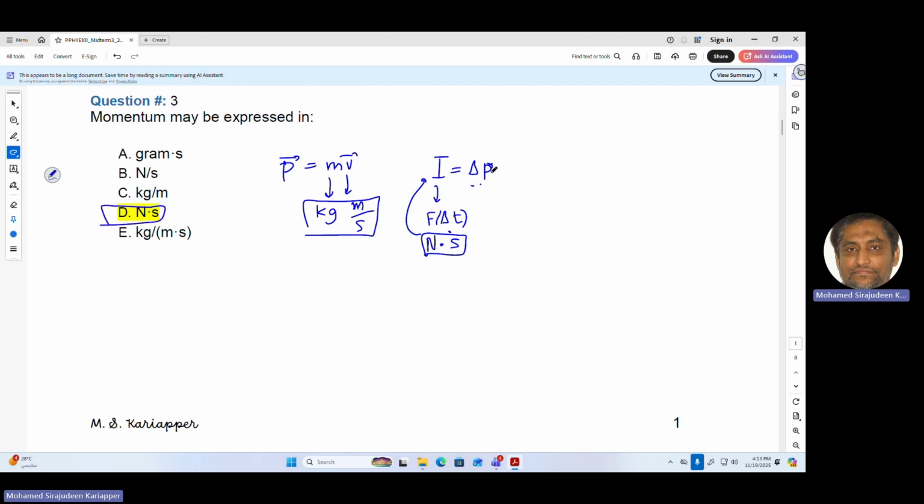Now you must be wondering, we know it is kilogram meter per second, now you are saying Newton second, how come? I can show you they are the same. What is Newton? A kilogram meter per second square, and this is second. Newton second is actually the same as kilogram meter per second. So no wonder, that is correct.